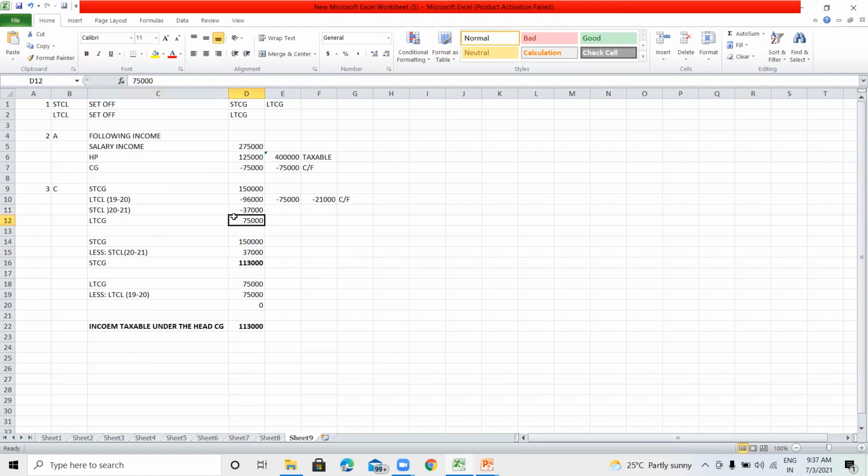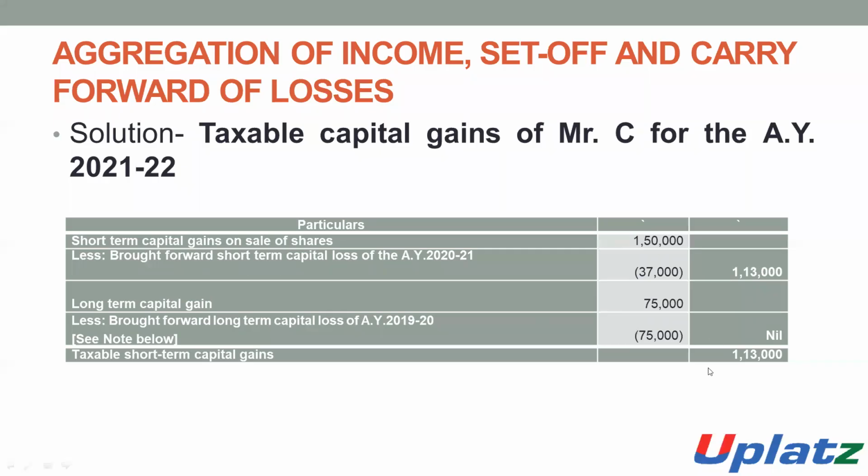Long-term capital gain was 75,000, but long-term capital loss is 96,000. Up to 75,000 we can adjust, so the long-term capital gain will be 0. Now the short-term capital gain is 1,13,000, so the answer is 1,13,000. How? Short-term capital gain on the sale of shares is 1,50,000 less brought forward losses for the assessment year 2020-21, 37,000.